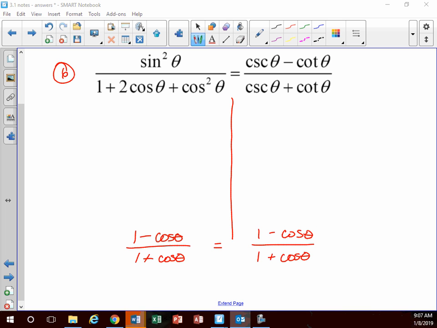I just expected one plus squares. Obviously, factor it, and it's cosine minus one.